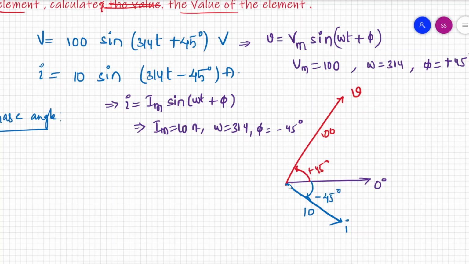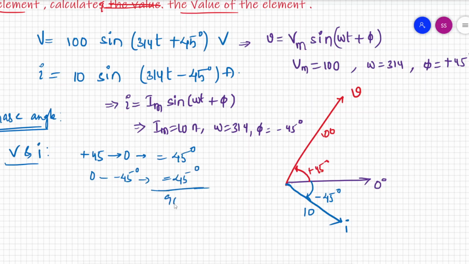Now we need to find the phase angle between voltage and current. If you observe, the voltage is leading: from plus 45 to 0 is one angle, which is 45 degrees, and from 0 to minus 45 degrees is another angle, which is also 45 degrees.